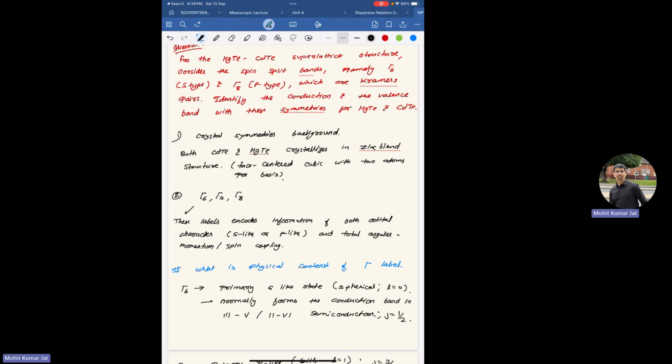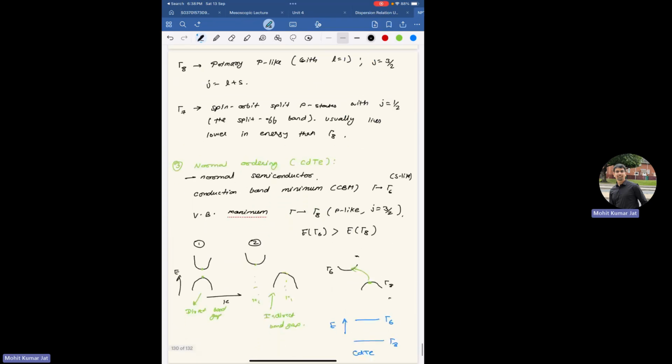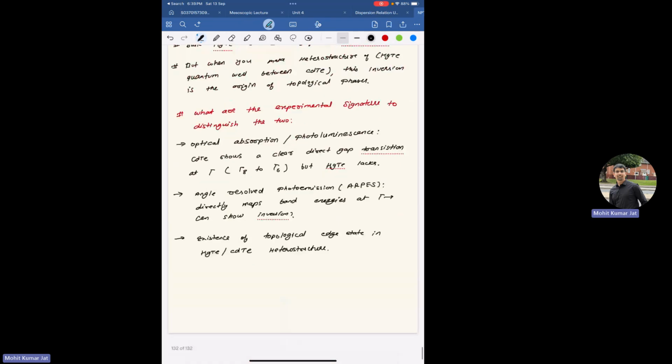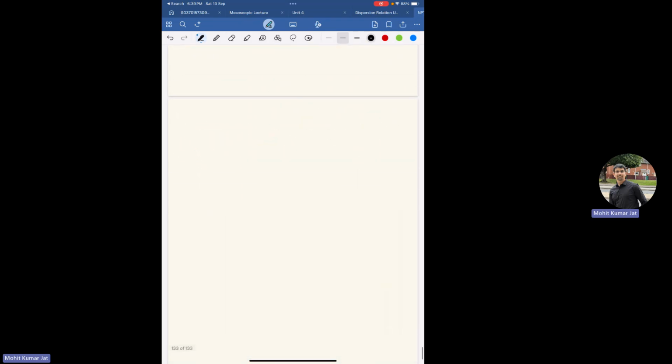Now, the second question which I put forward is how massless Dirac fermions arise at the interface of a mercury telluride and cadmium telluride superlattice structure.